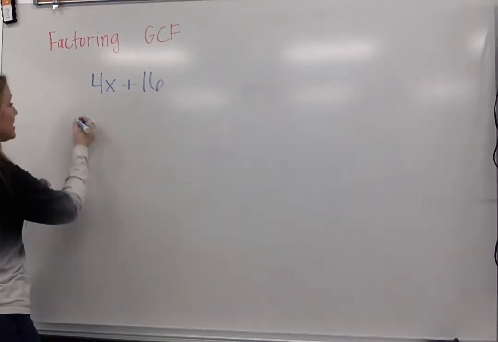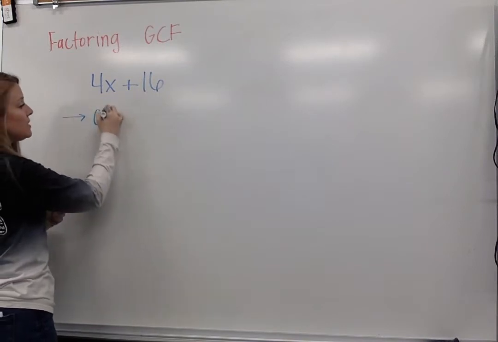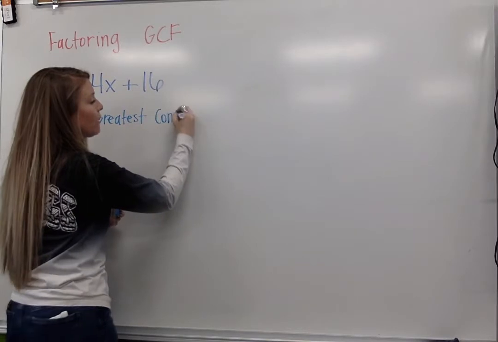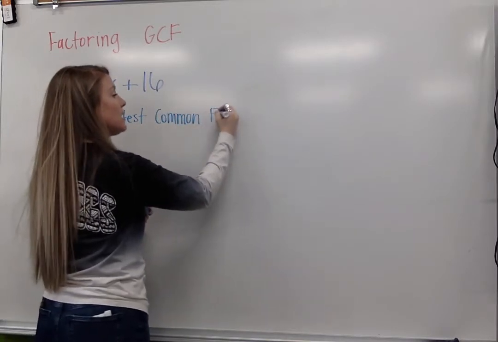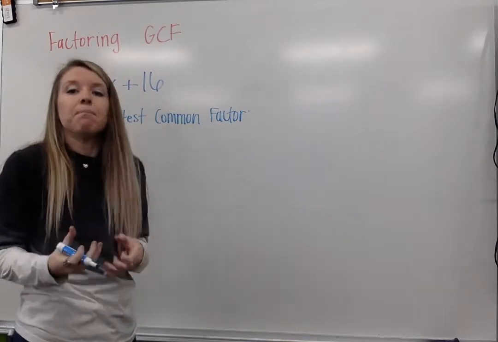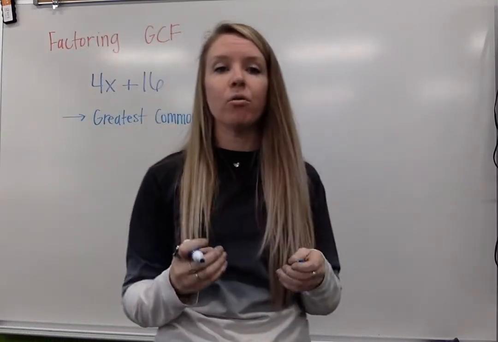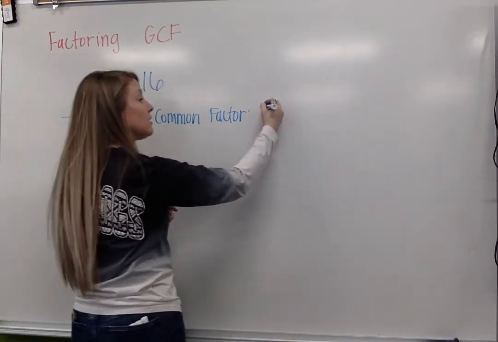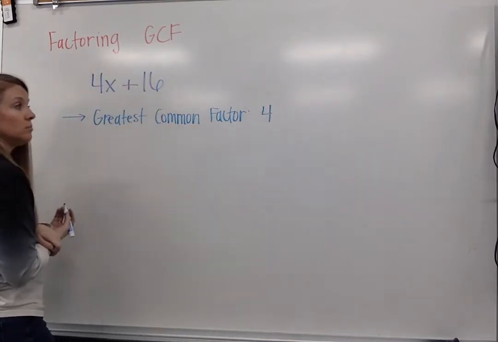Okay? That is our greatest common factor. Our greatest common factor is the biggest number that they are both divisible by. So our greatest common factor here is 4.